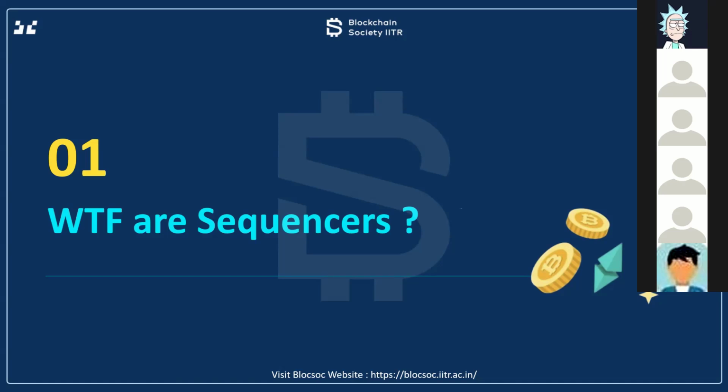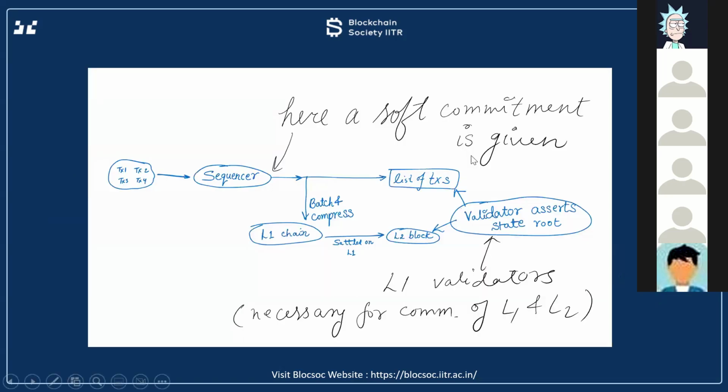And the transaction ordering and inclusion of transactions is also handled by the sequencers. These are permissions which the sequencers have compared to other nodes, and this is what makes them special.